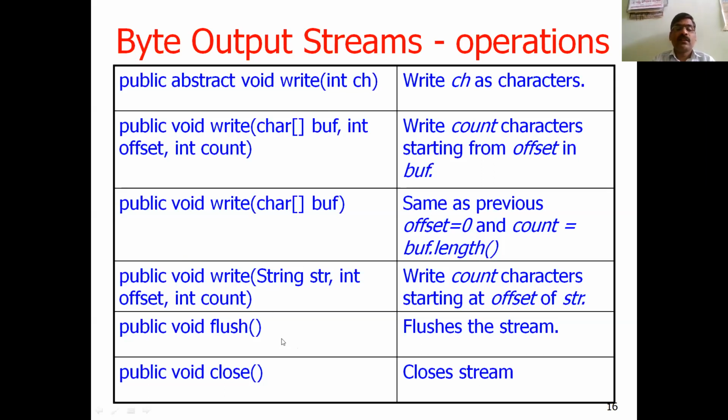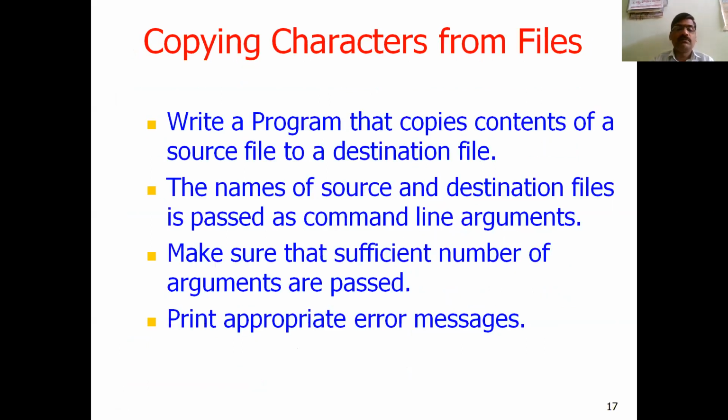Then coming to two more methods here: flush, which is used to clear up the stream, and close, which will close this stream. So now I will demonstrate this character input and output stream classes by copying characters from one file to another file.